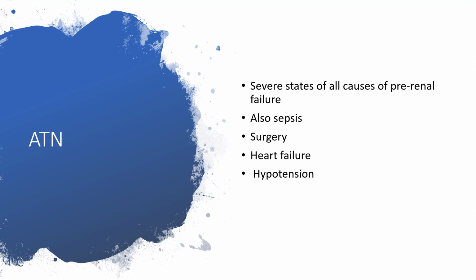The reason is simple: severe states of all causes of pre-renal failure will lead to acute tubular necrosis. In addition to that will be sepsis, surgery, heart failure, and hypotension.